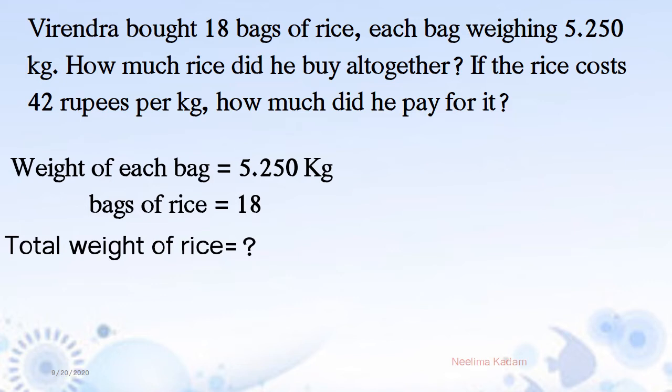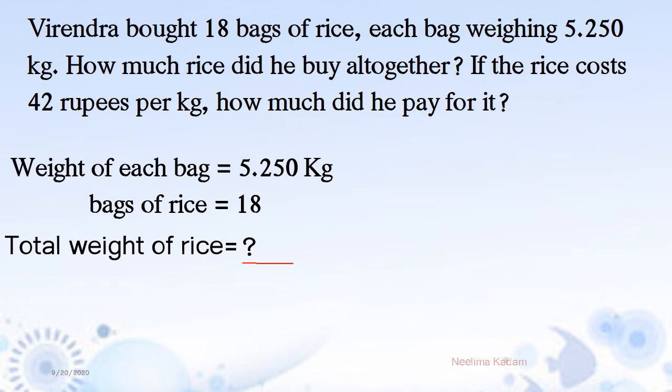So how much did he pay for it? So how much rice did he buy altogether, that we have to decide first. We have to calculate that first, and then cost of 1 kilogram rice is 42.